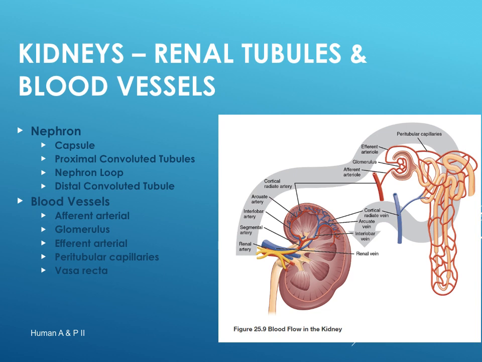There's the proximal convoluted tubule, the nephron loop or loop of Henle, and then the distal tubule and the collecting duct. These glomeruli are located in the outer region, the cortex, and most of the proximal and distal tubules are right on this edge of the cortex, and then the nephron loops go down.